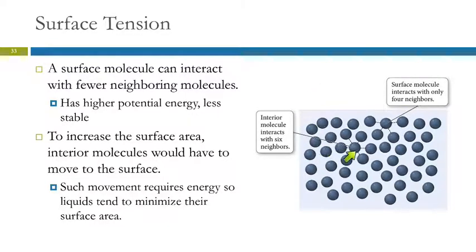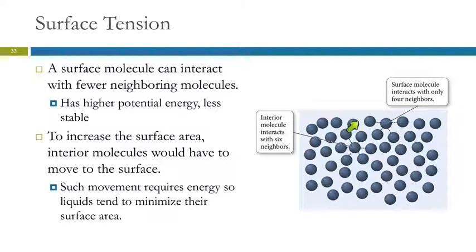If we look at a molecule that's inside the water, deep down inside, it's attracted in all directions by other water molecules. So this particle here has higher potential energy than the one on the inside because it has fewer attractions to other molecules. It's not as stable.